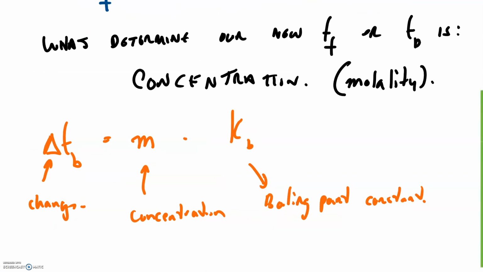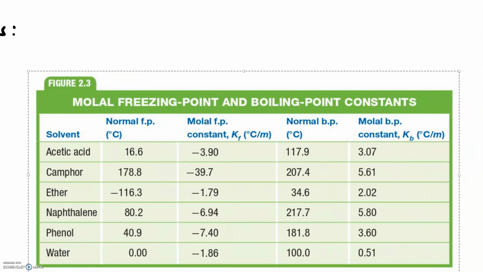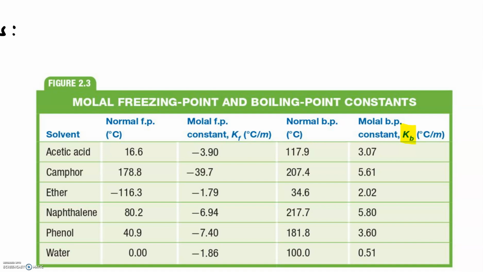So now there's no need to memorize anything because I'll provide all this information to you, but here's a pretty interesting table. It says molar freezing point and boiling point constants. So look what it says. Here is a KB for every solvent we might consider. And so look at water.